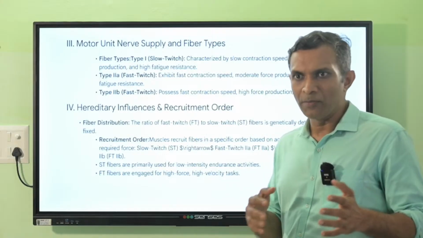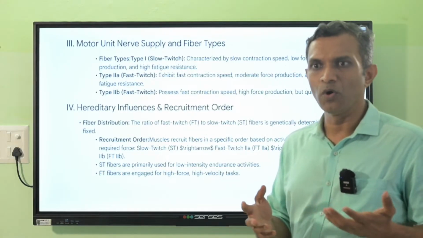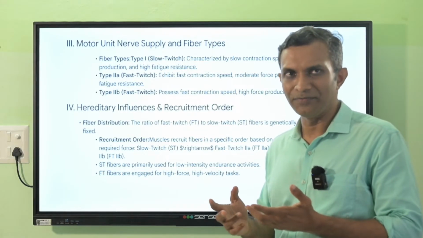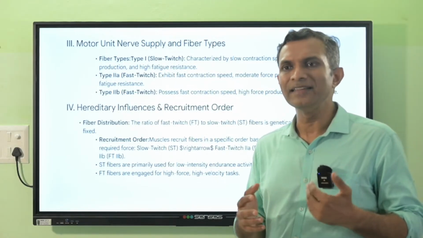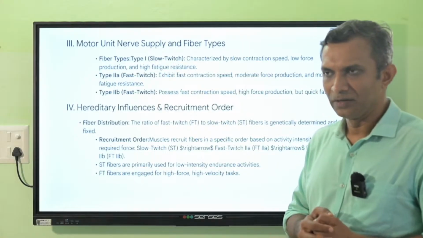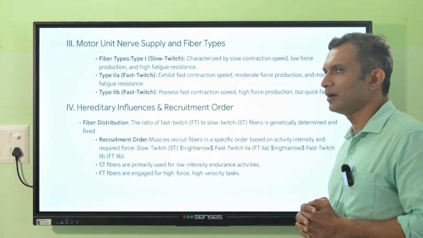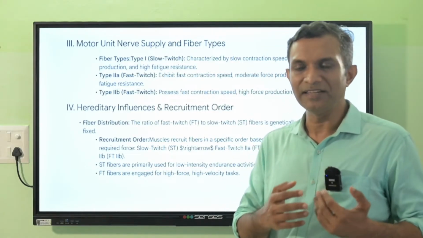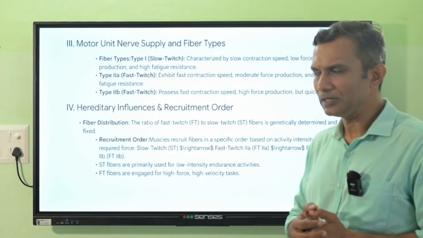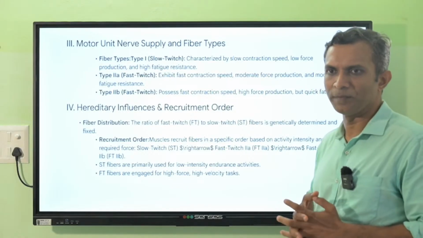We know that the amount of effort used is more when a person is lifting 10 kg compared to 1 kg. How exactly does this happen in our human body? There is a mechanism by which our motor units are synchronized with the signals that we get from the muscles. This is called the recruitment order.